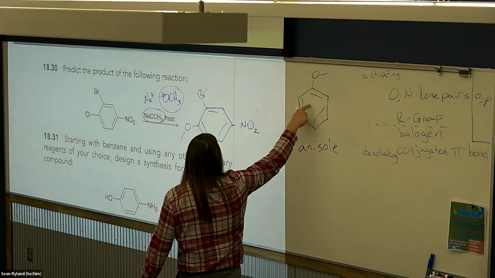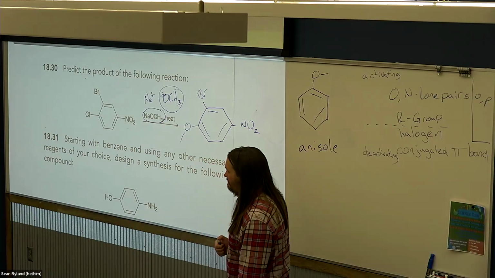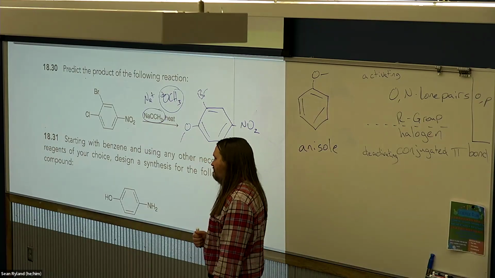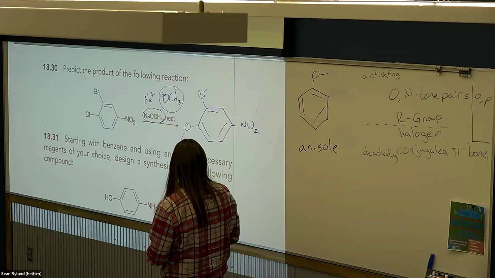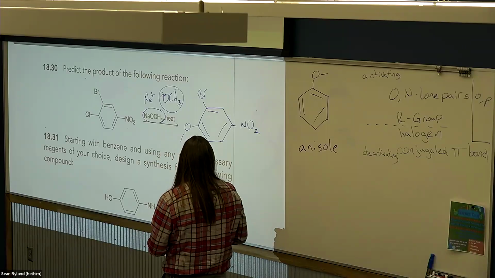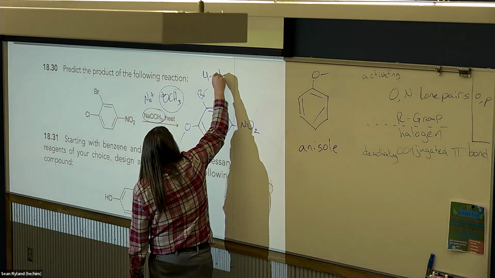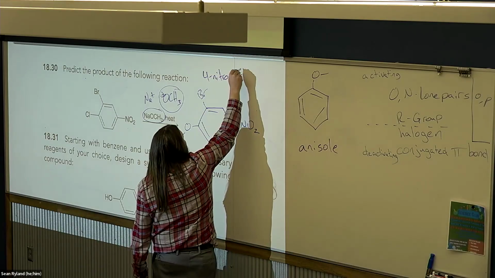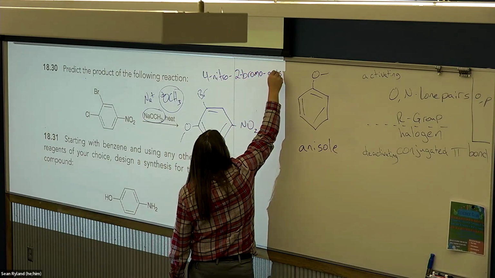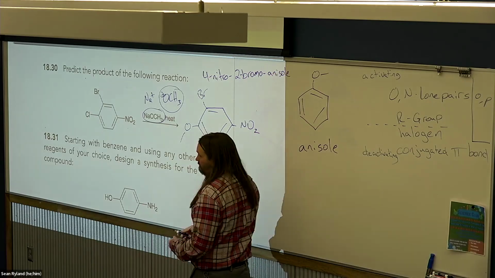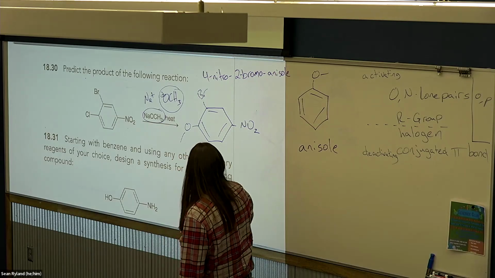So if we know this is anisole, how do we name this? With anisole in the name. 4 nitro, 2 bromo. That's gonna be our IUPAC name.